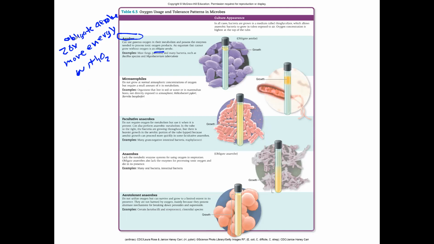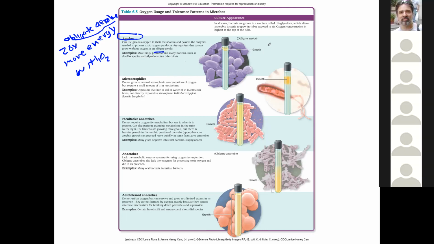There are bacteria that are obligate aerobes. You can use a medium called thioglycolate that has different oxygen concentrations at different levels of the tube, and you can see that the growth of an aerobe is going to be near the top because that's where the oxygen is.